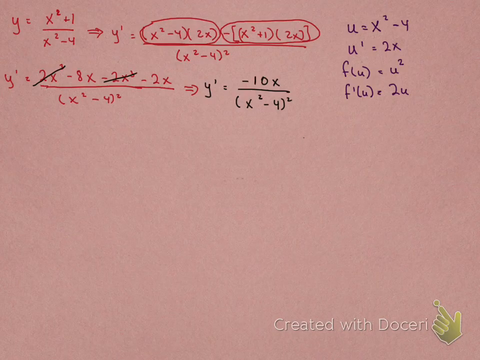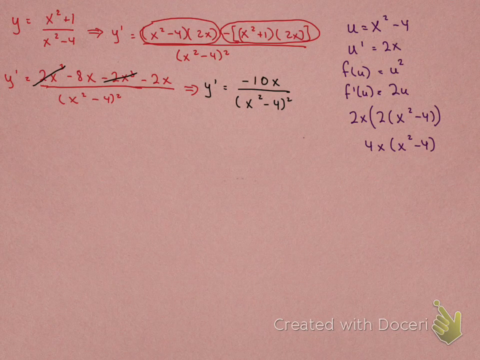So u prime times f prime of u is going to be 2x times 2 times the quantity x squared minus 4. So we'll just simplify that right now to 4x times x squared minus 4. And the reason that I'm going to leave it like that is because in our denominator we have an x squared minus 4, and maybe we'll be able to use that for some simplification.